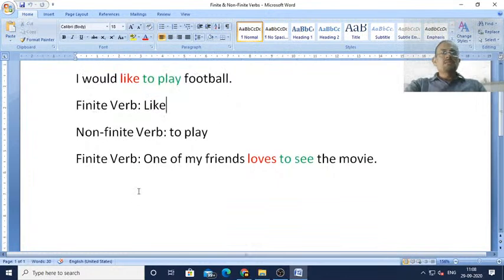Another example you can see here, one of my friends loves to see the movie. So here the word loves agrees directly with the subject one here. Therefore loves is a finite verb in this sentence, whereas to see is the example of non-finite verb because it is not agreeing directly with the subject.